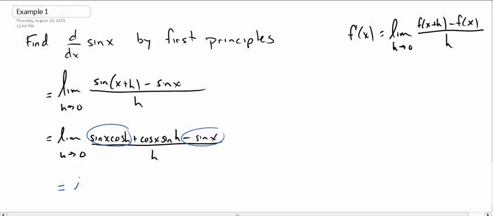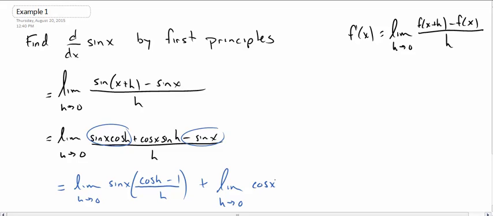I'm going to go ahead and factor that out. What we're left with is (cosine h minus 1) over h. And we're also adding the limit as h goes to 0 of cosine x times sine h over h. And I've done a little bit of rearranging, and I've split this limit into two separate limits.